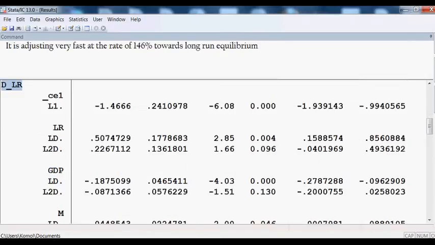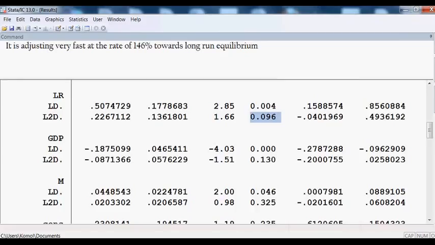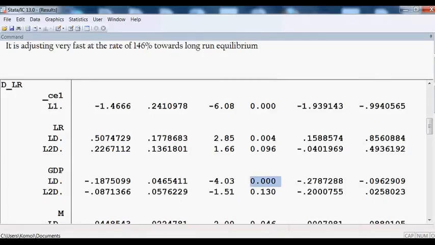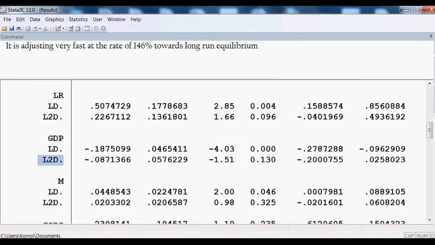So what about the second one, lag 2? It is not significant because the p value is very high, 9.6%. But GDP lag 1, yes, it is significant individually to explain our dependent variable. What about this one? It is not significant.